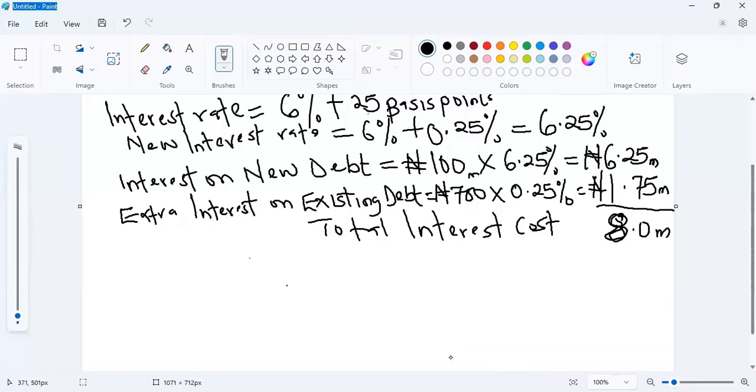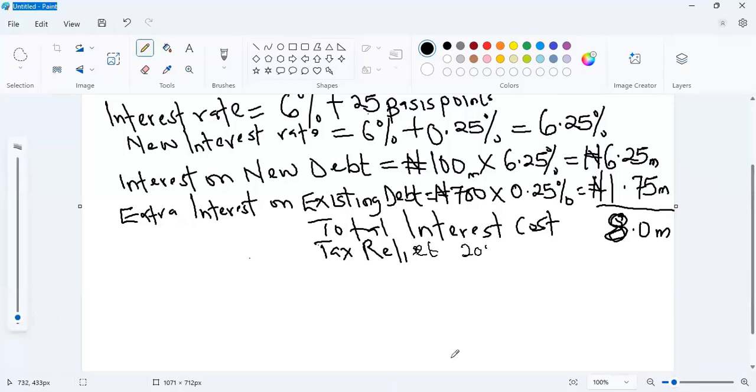I can now come here. Tax relief. What is the tax rate in this question? 20%. Somebody should confirm. Yeah, thank you.